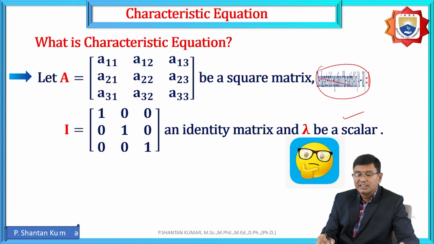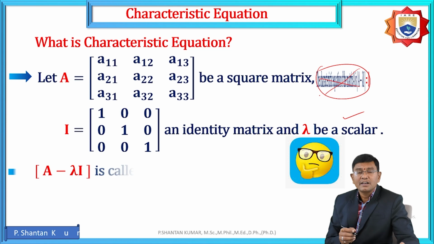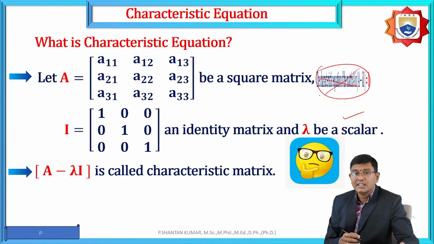Based upon A, lambda, and I, if we consider A minus lambda I, that is what we obtain in matrix notation, and it is called the characteristic matrix.